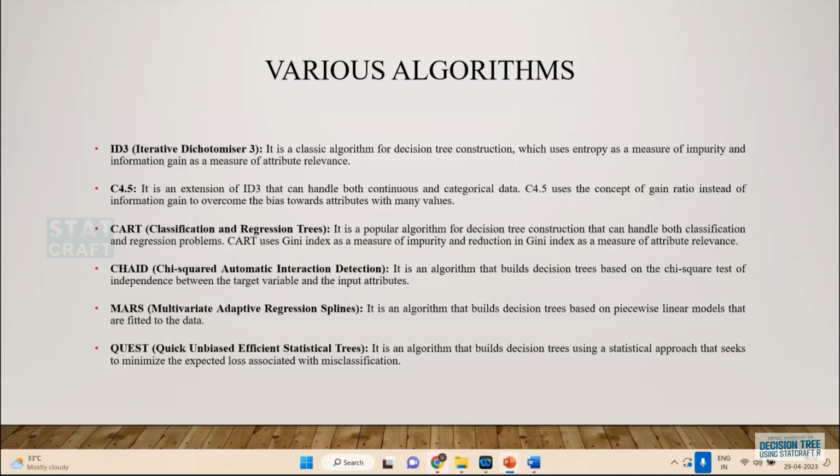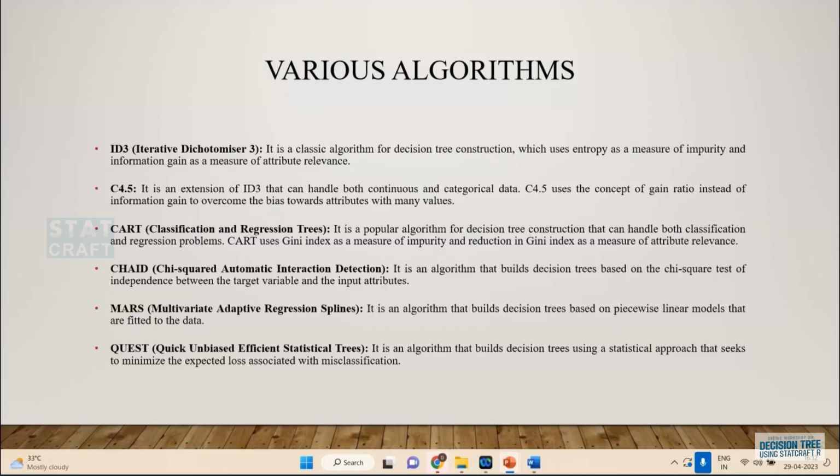Basically, we are going to talk about the second and third algorithm today. CART is a popular algorithm for decision tree construction that can handle both classification and regression problems. CART uses Gini index as a measure of impurity and reduction in Gini index as a measure of attribute relevance.